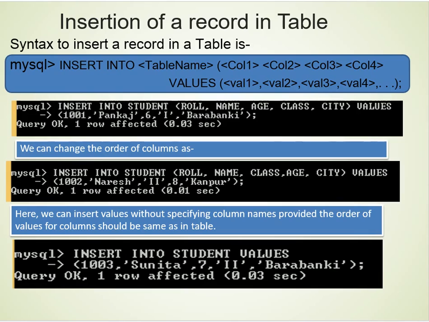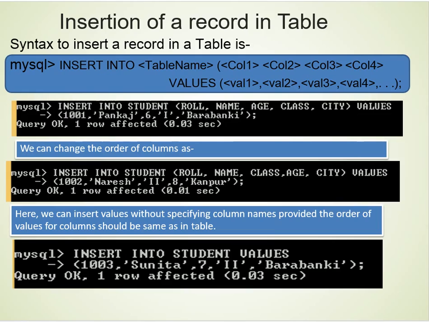So how? What is the syntax? Insert is the command: insert into table name, then field names in a bracket, then the values keyword, and then the corresponding values of field 1, field 2, field 3, likewise.